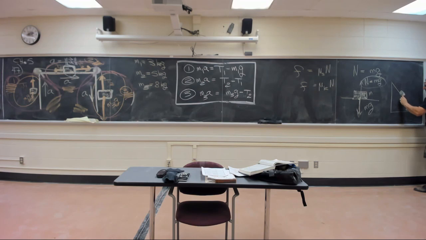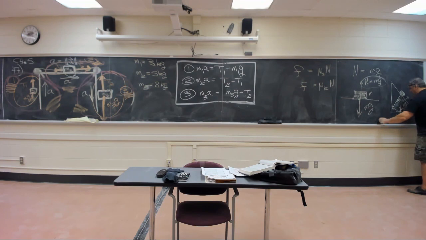If this is the mass here, guys, and this goes straight down this way, and the mass is mg. If this is theta, and this is 90, and this is 90 minus theta, a 90-degree angle here, this is theta again.